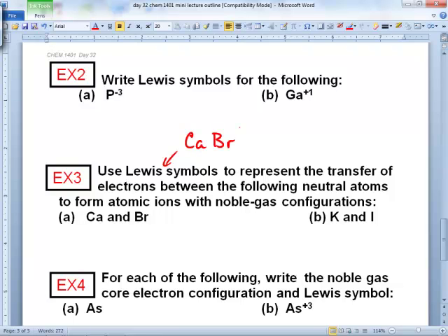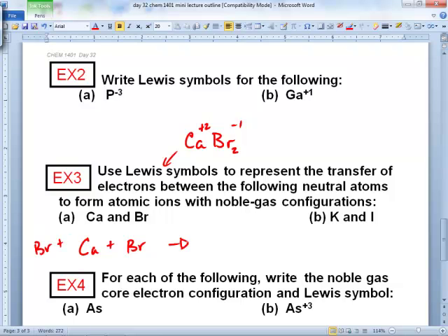Calcium always forms what ion? Calcium plus 2. And what did bromine always form? A minus 1. So if you're going to write the formula for this thing, what would it be? CaBr2. So when we write this reaction, we really need a Ca, a Br, and a Br.